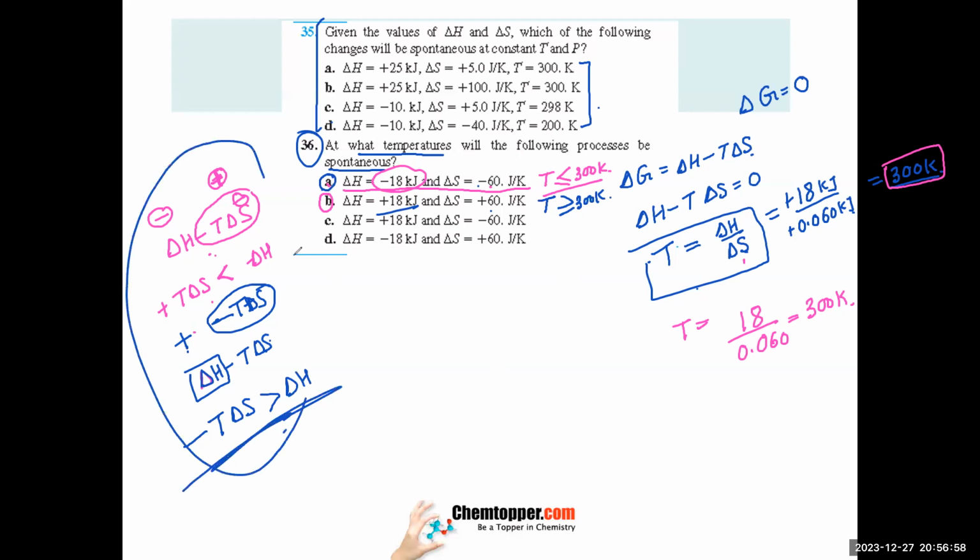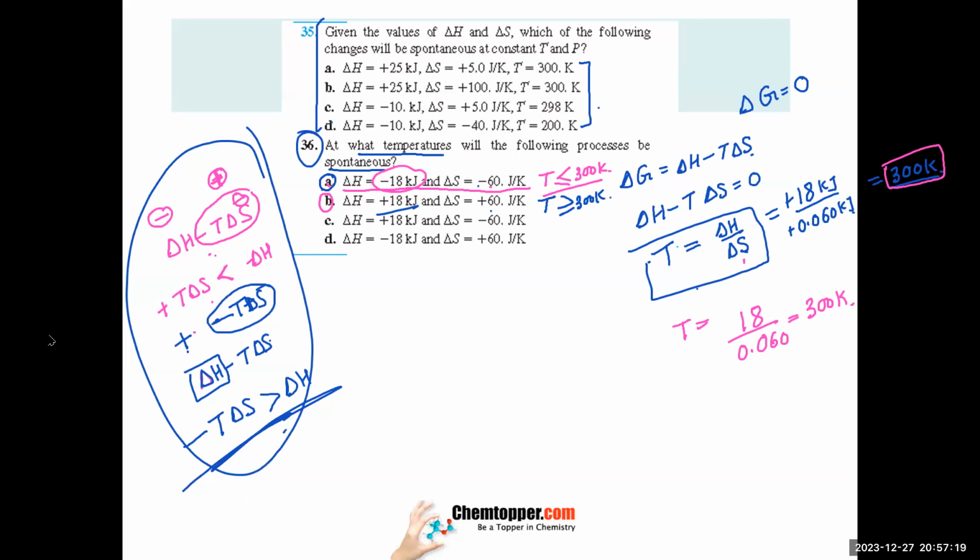This is what I was explaining on the table when you were very quiet, not asking any question. Now, this is a question which can help you understand what process needs high temperature and what process needs low temperature. The aim is to make delta G negative.